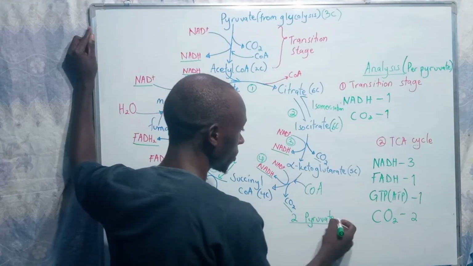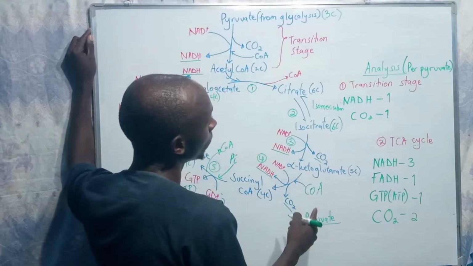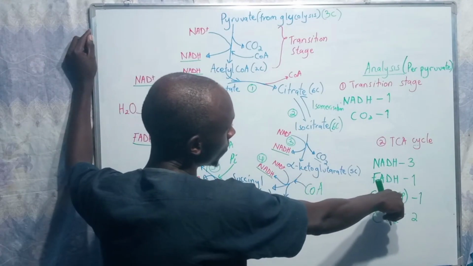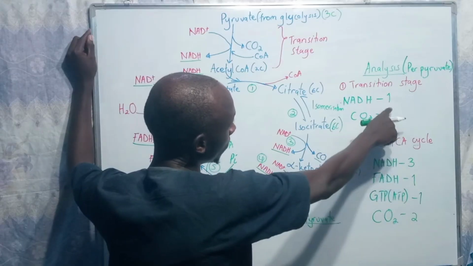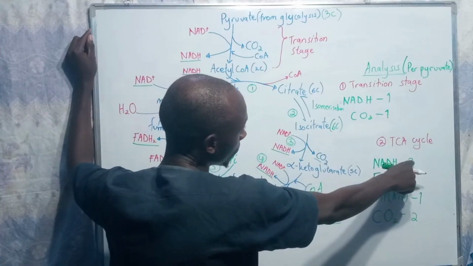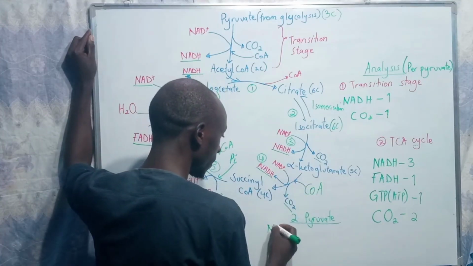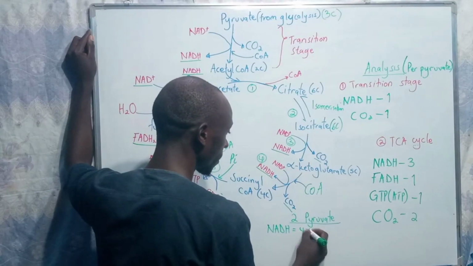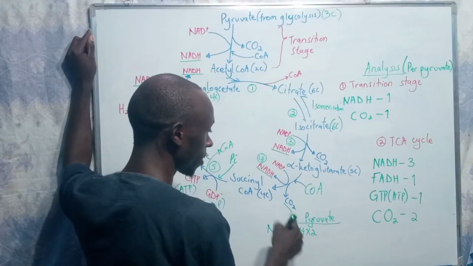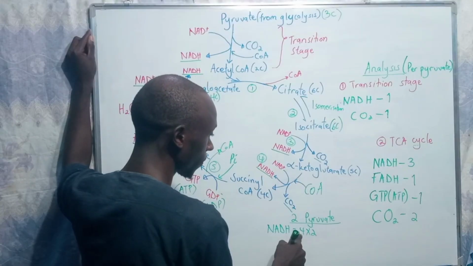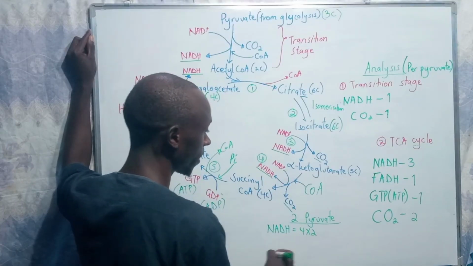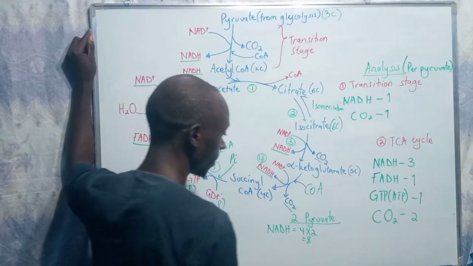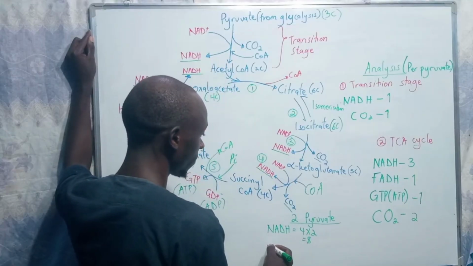So if we have 2 pyruvate molecules, when we add the NAD from the transition stage to the tricarboxylic acid cycle stage, we can count them: 1, 2, 3, 4. So for produced NAD, we're going to have 4 times 2. The 2 is coming from the 2 pyruvate. So each pyruvate is going to produce 4 reduced NAD, giving us in total 8 NAD.